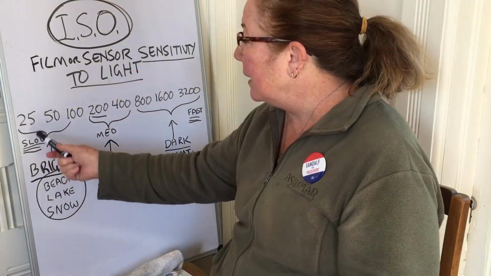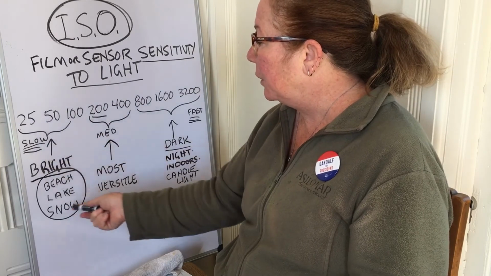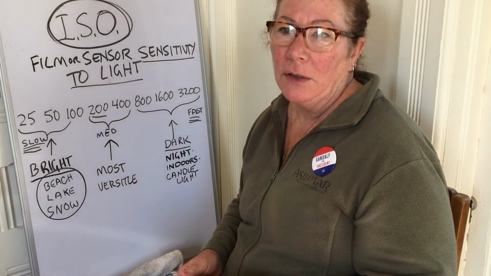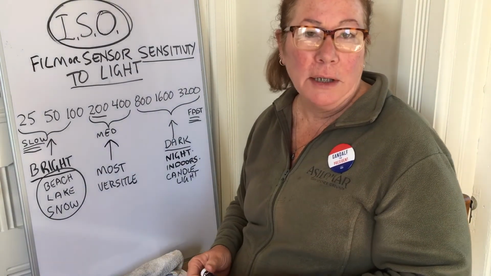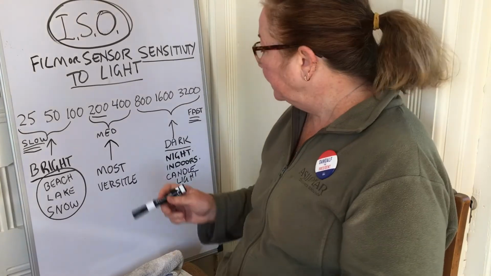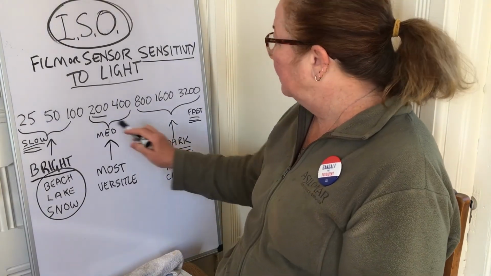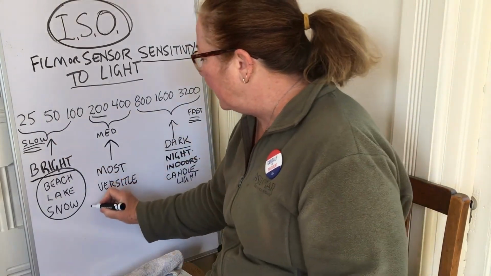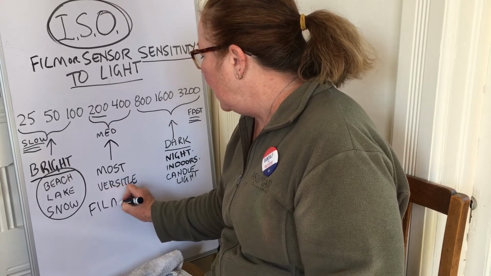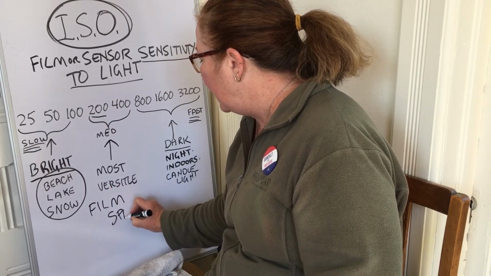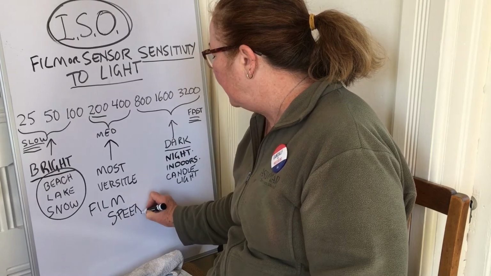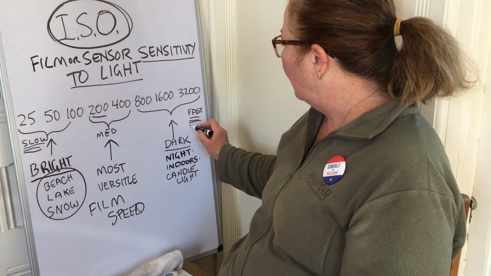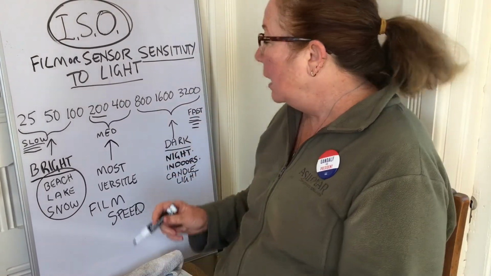And then this type of film is good for, like I said, bright conditions or objects that aren't moving, so that you have time to have a long exposure if needed. So that's where you hear people say film speed, right? Because originally this was invented to use for fast moving objects, okay?